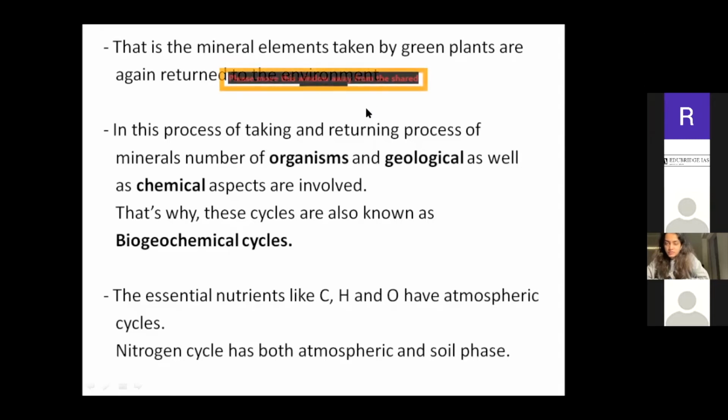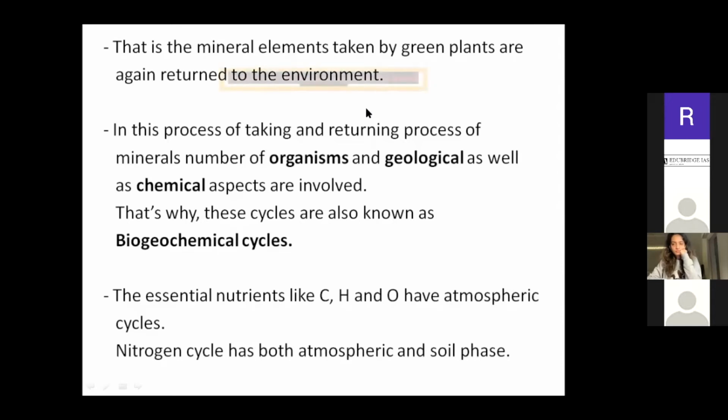But it is not the case with nitrogen or oxygen or carbon. The recycling of these gases, nitrogen, oxygen, carbon, is very fast, and that's why these gaseous cycles are called perfect nutrient cycles. Fine. So there are two types of cycles that we should learn.